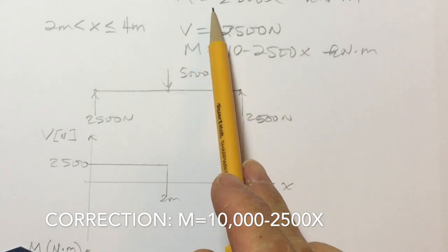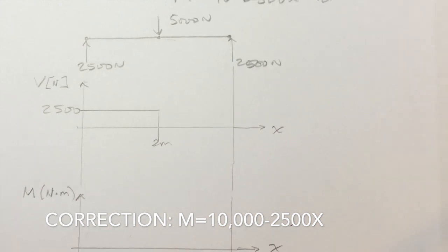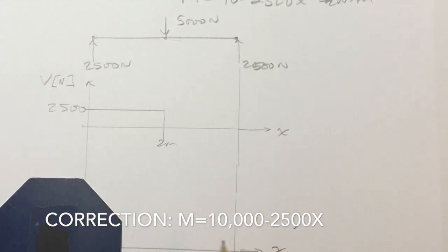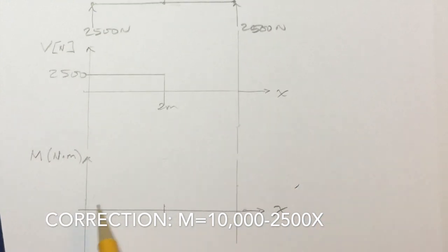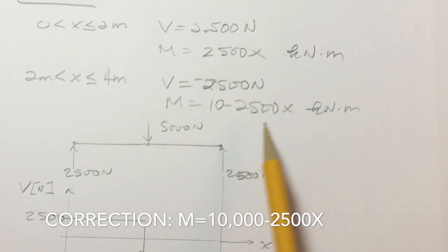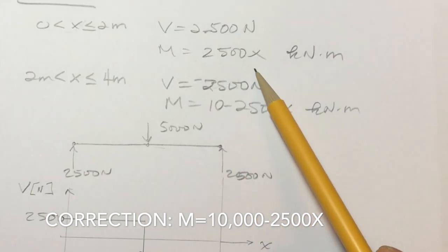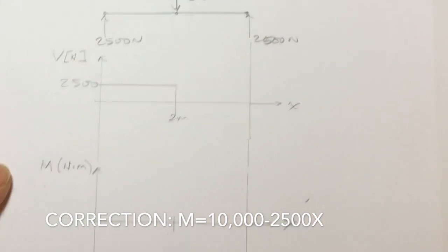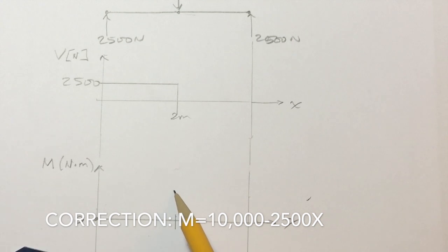And then the moment in that same region is 2,500x, meaning it's a linear function. When x is 0, moment will be 0. And when x is 2, moment will be 5,000. So 0, and then it'll go up to 5,000.